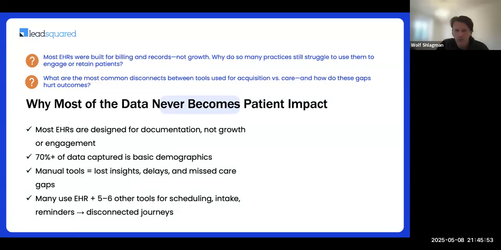And when I say manual, I'm talking about data entry into multiple Google Sheets, using a separate intake solution, separate scheduling, separate reminders. It really was completely disconnected.